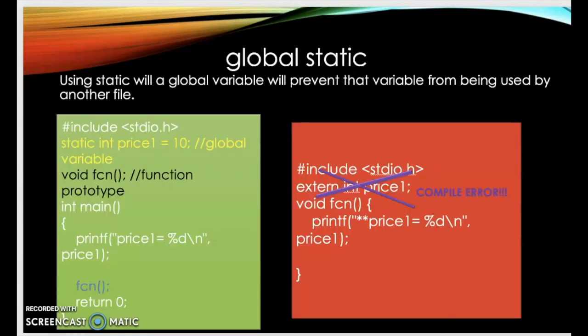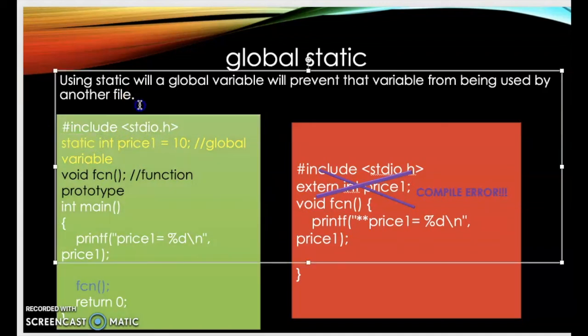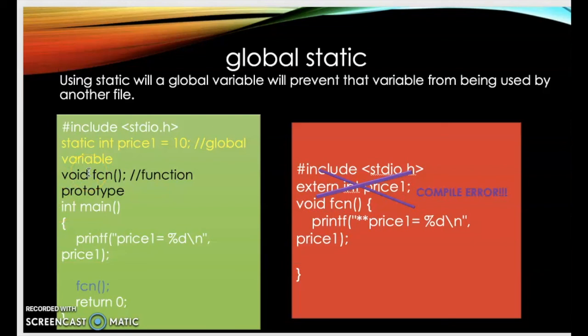All right, let me tie it back into what we were talking about with static. So what if your variable is global and you also put the word static at the beginning? So this is global, it's defined outside of any function, and I'm putting the word static. Well, in this case, it's going to prevent other files from being able to use that static global variable.